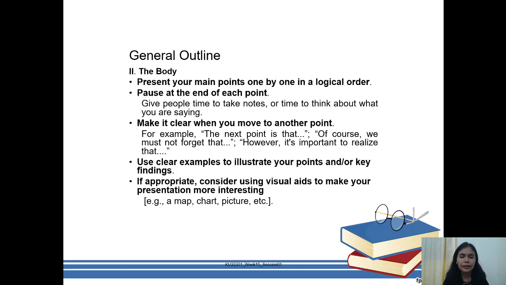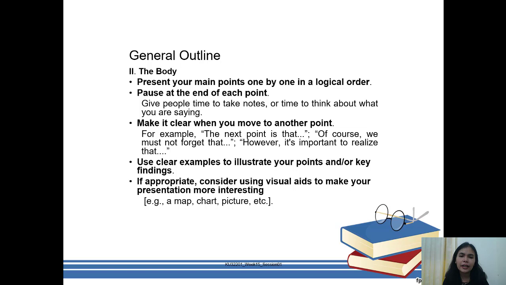And then after that, if it is possible, if it is appropriate, consider using visual aids. Something like a pie chart, a map or a picture would be very good to bring about your presentation.